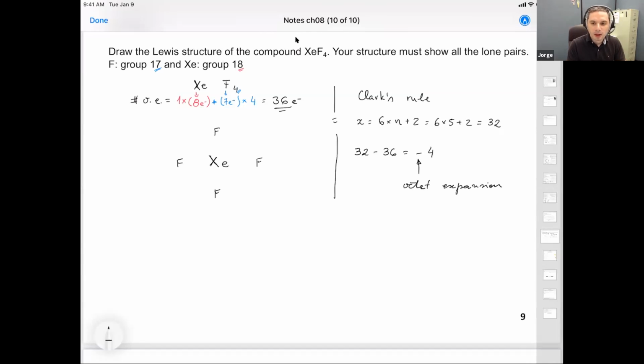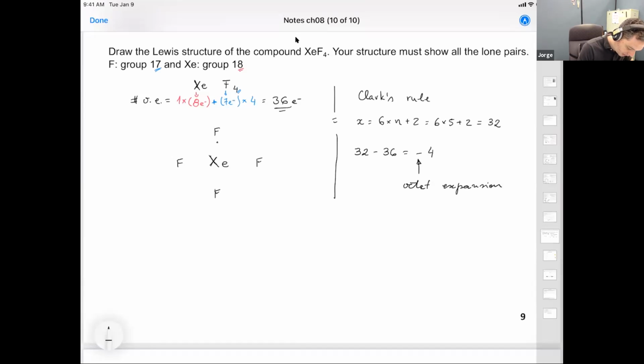Clark's rule is not 100% precise, but it gives you a strong indication that you are going to have octet expansion. So now let's distribute the electrons among the atoms to see if that prediction is true or not.